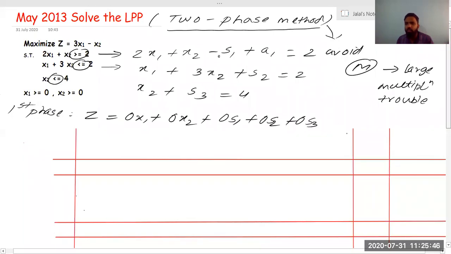We consider all the variables, the main variables as well as the slack variables, to be equal to 0, except we consider a to be a multiple of -1. Rather than having it to be a multiple of -M, we consider it to be a multiple of -1. This is the first phase. I'll explain the second phase when we complete the first phase.